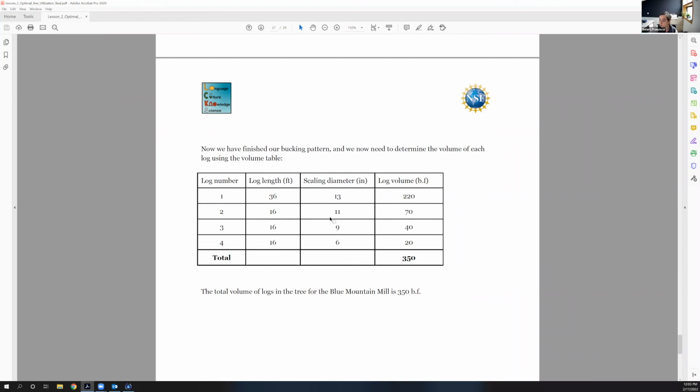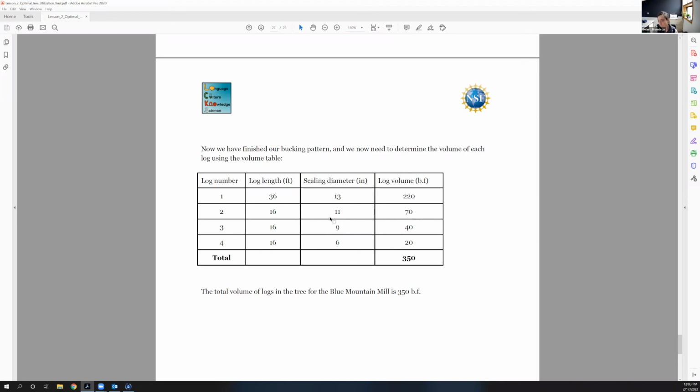And then the second log, which was 11-inch scaling diameter and 16-foot log length, at 70 board feet. So what I did is I looked up each one of those logs on the table and wrote down the log volume. And then I added them all up to see how many board feet we can get from that particular tree for that particular mill.